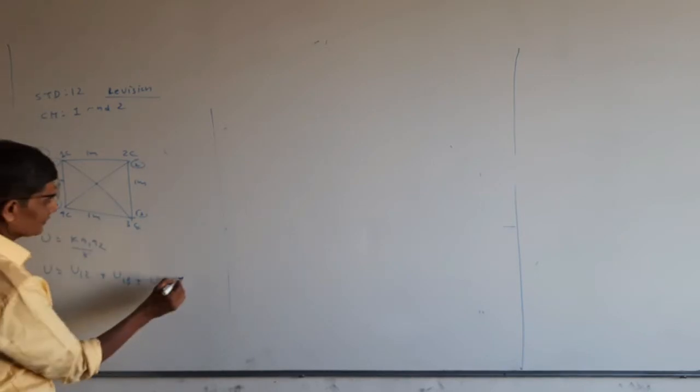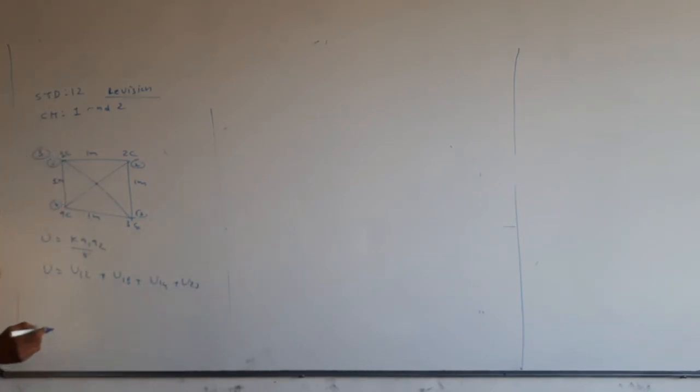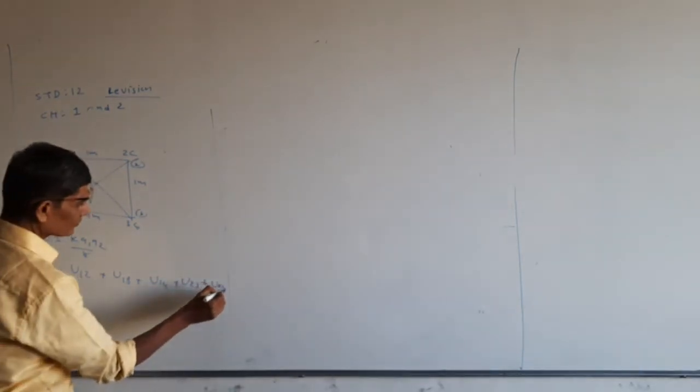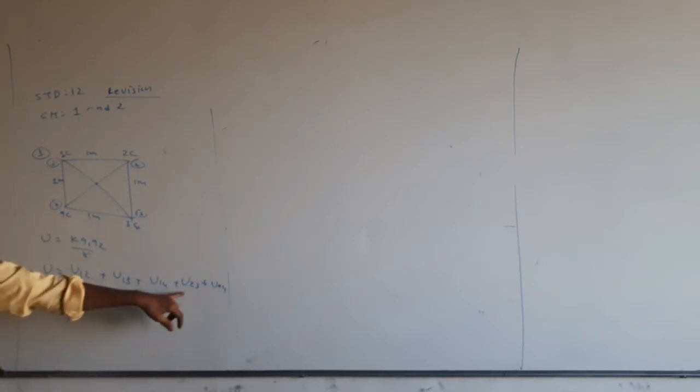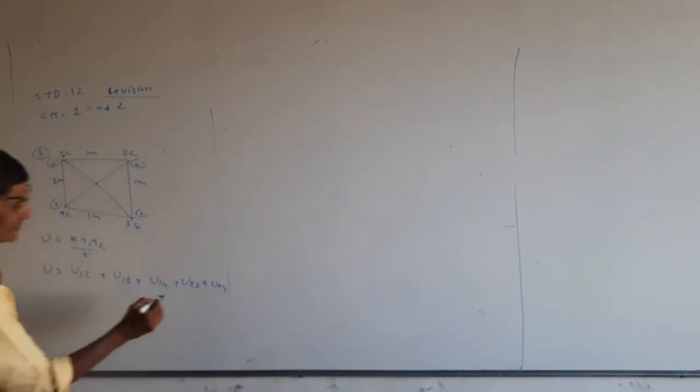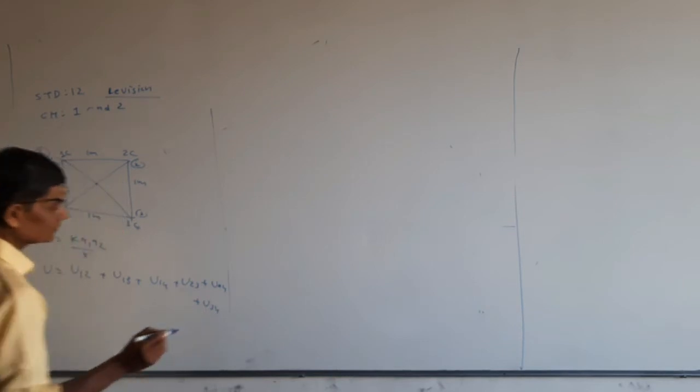Then 2, 1 is not required because potential energy is scalar, and 2, 2 is not possible, so it will be 2, 3 and 2, 4. For charge 3, 3, 1 is there, 3, 2 is there, 3, 3 is not possible, simply U 3, 4.